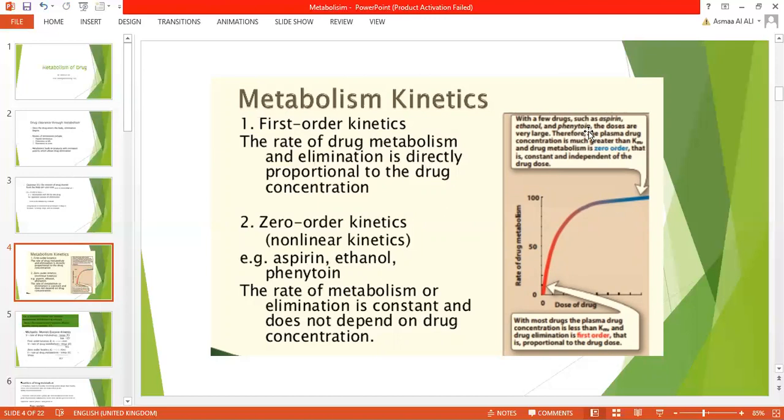With a few drugs such as aspirin, ethanol, and phenytoin, the doses are very large. Therefore, the plasma drug concentration is much greater than Km, which is the Michaelis constant, and the drug metabolism is zero order, that is constant and independent of the drug dose.